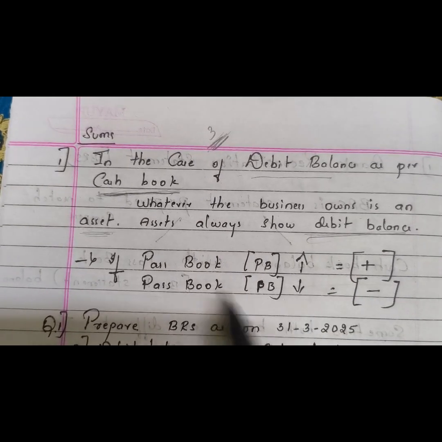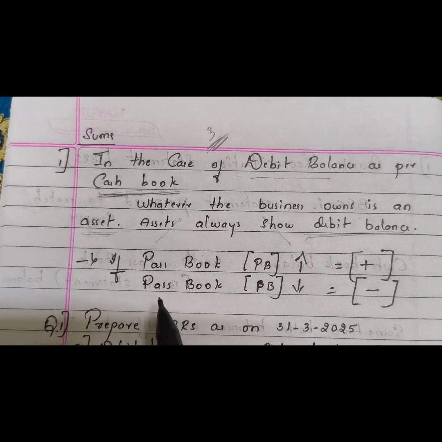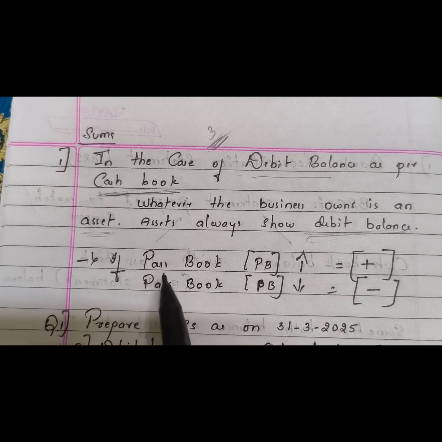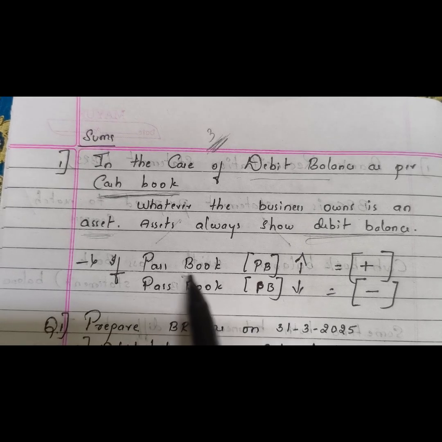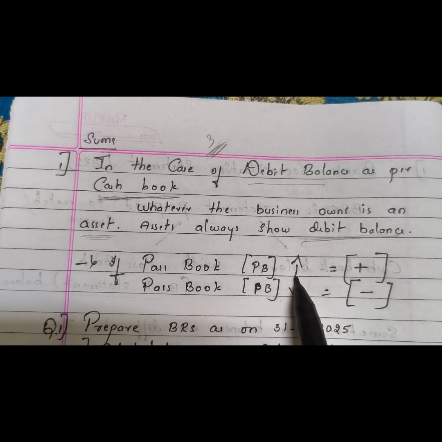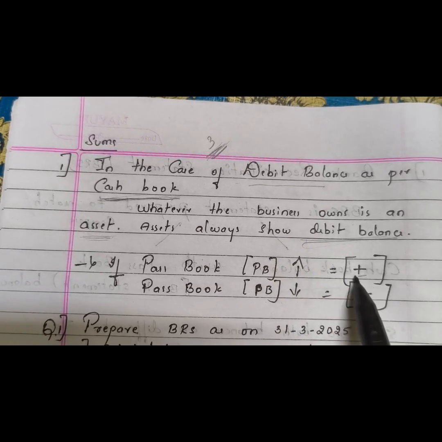And the other two important things, by knowing only these two things you can solve the problem under cash book. Just keep this in your mind. If the passbook balance, that is the bank balance, increases, you have to put all the items under add.